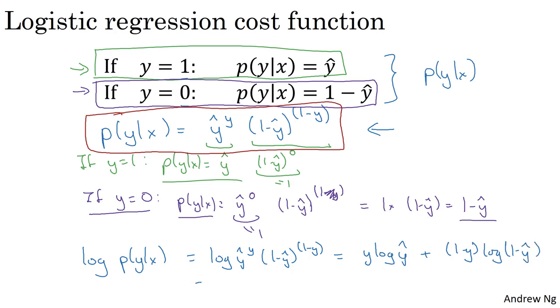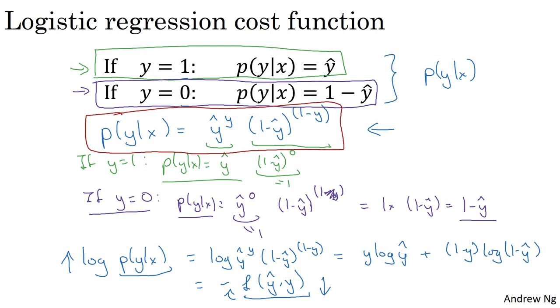And so this is actually the negative of the loss function that we had defined previously. There's a negative sign there because usually when training a learning algorithm, you want to make probabilities large, whereas in logistic regression, we want to minimize the loss function. So minimizing the loss corresponds to maximizing the log of the probability. So this is what the loss function on a single example looks like.